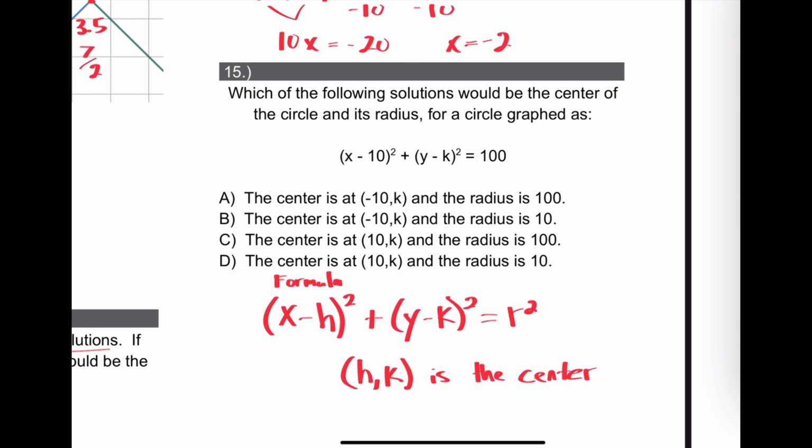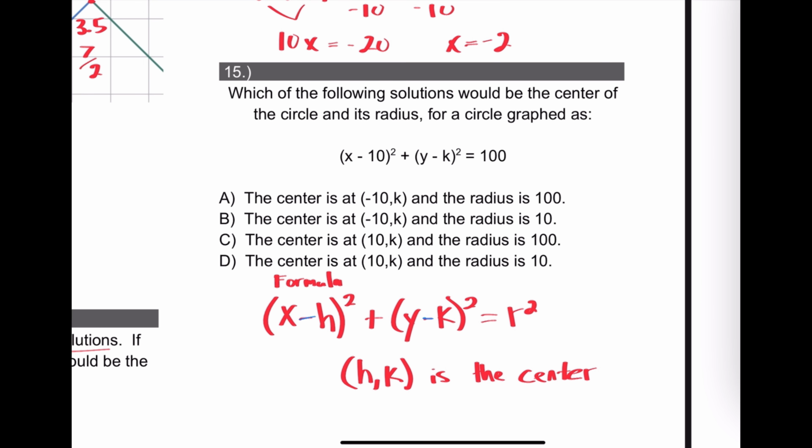Number 15, which of the following solutions would be the center of the circle and its radius for a circle graphed as (x minus 10) squared plus (y minus k) squared equals 100? Okay, there is a formula for the center of a circle. It's in the video I have on my channel. I've also included it here for this problem.